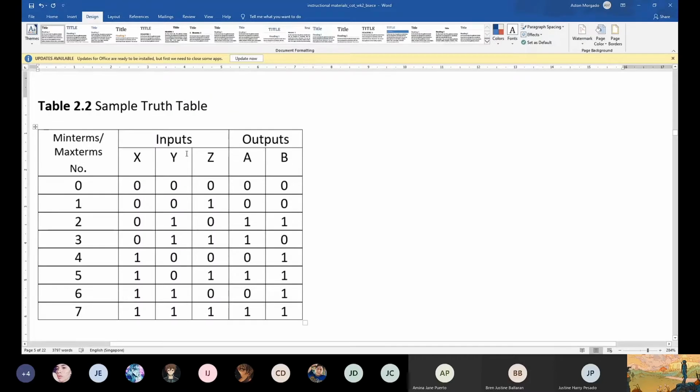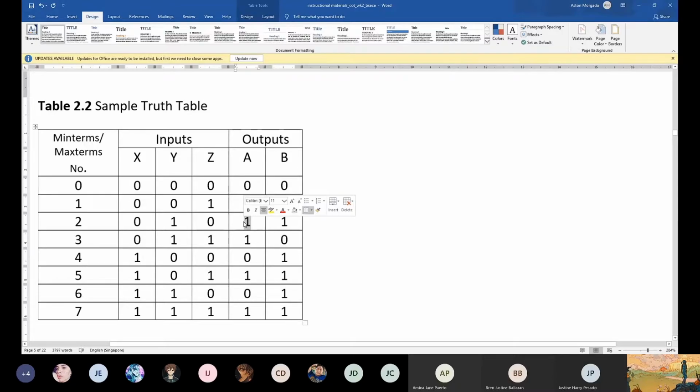So we will take note of inputs with output of 1. That is for Minterms. So let's say here, output of 1 Minterms. We have an input of 0, 1, 0.